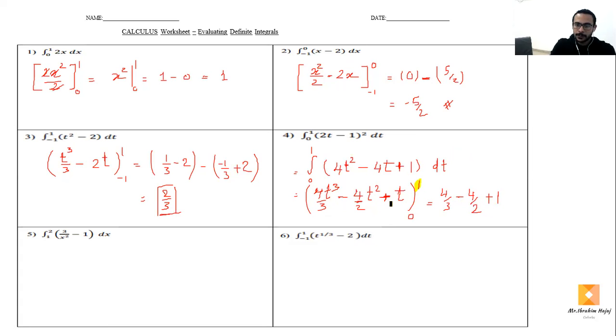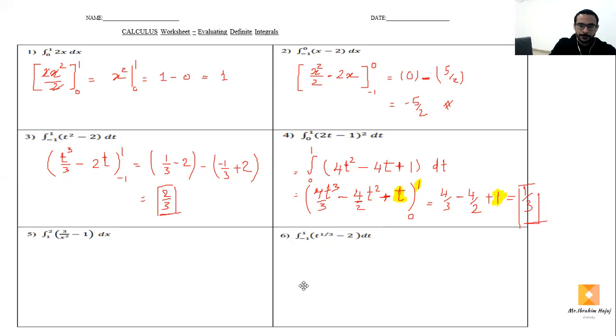Substituting 1 for t, so it's 1 now. Let me calculate them. 4 over 3 minus 4 over 2 will be 1 over 3. Okay, thank you.